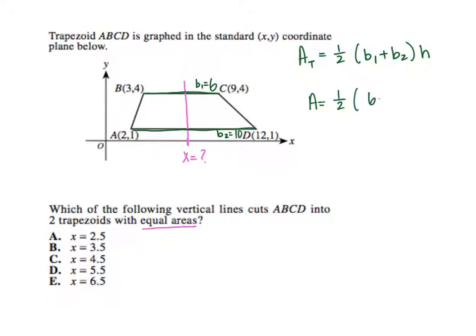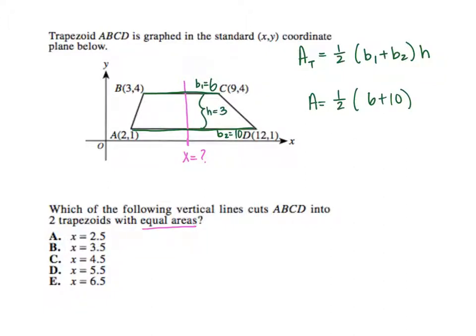So that's 6 plus 10 times the height. The height would just be the difference between this point here and this point. Knowing that this point here has a y value of 4, and this point here has a y value of 1, if you take 4 and subtract 1, the height here is 3.